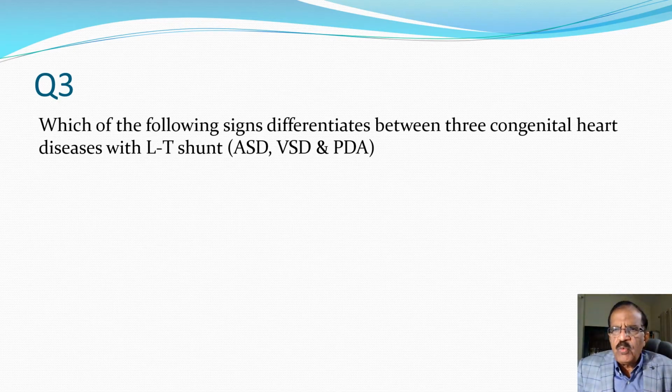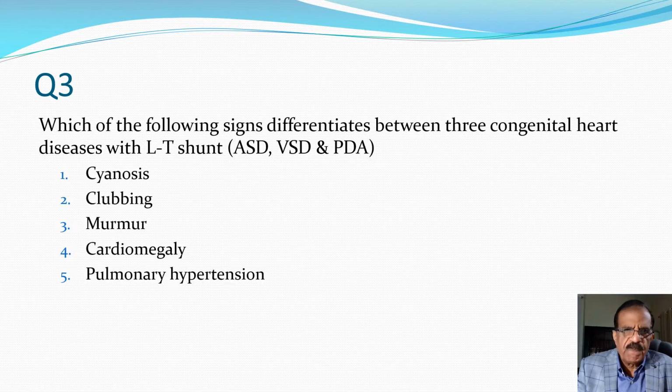You have to identify one which can differentiate between these three conditions. Cyanosis, clubbing, murmur, cardiomegaly, or pulmonary hypertension. Which of these signs can tell you which of the three left to right shunts this patient might have?